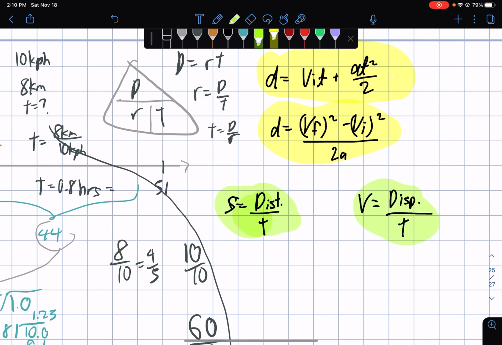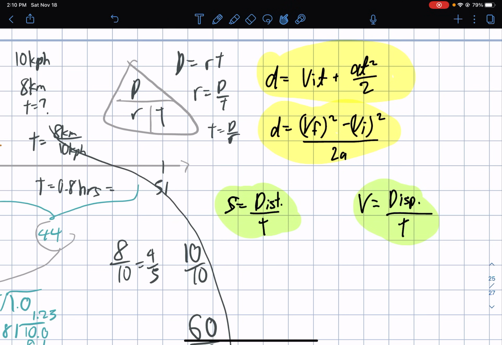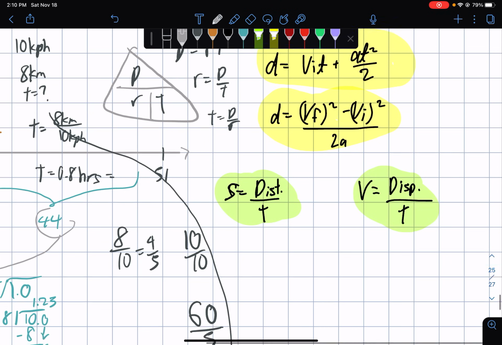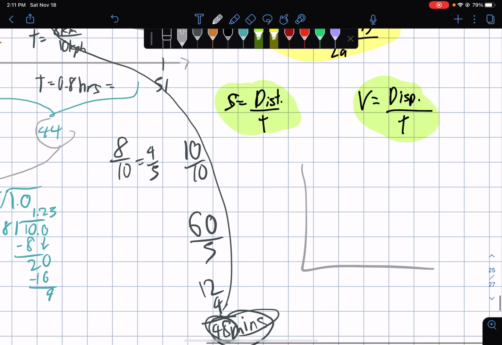For speed, the distance and speed are both scalar quantities. There's no direction. So for instance, we have, I don't know if this is called a displacement time graph or a velocity time graph, but let's say from here, we have point A to point F. If we want to look for the speed during the whole trip, then it's going to be a value greater than 0.